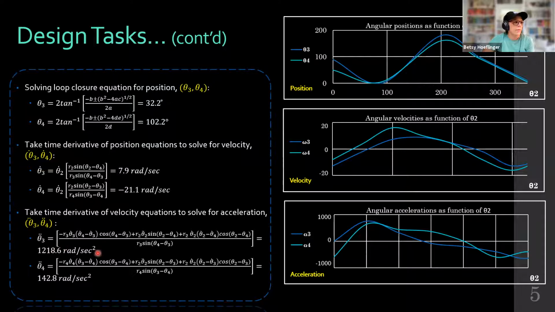So I found alpha 3 to be 1218.6 radians per second squared, and alpha 4 to be 142.8 radians per second squared. Again, off to the right, you can see the graph that's showing your angular accelerations as a function of theta2.